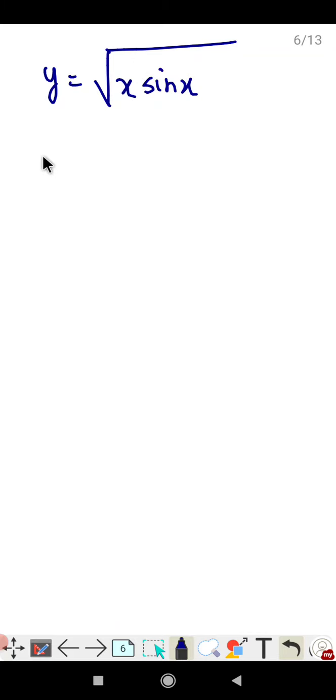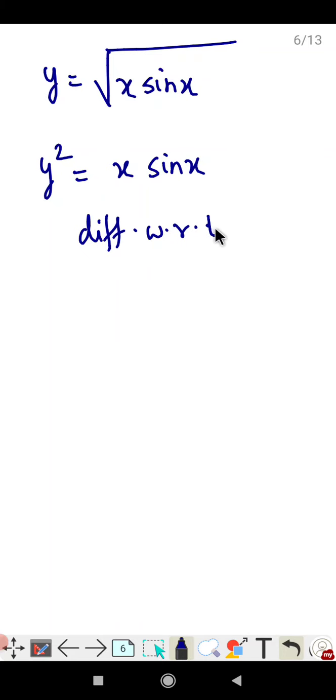So I am taking square on both sides, which will omit the square root on the right hand side. Now differentiate with respect to x. I will get 2y into dy by dx because I am differentiating with respect to x. So this is also a variable of x. We have to use uv formula.